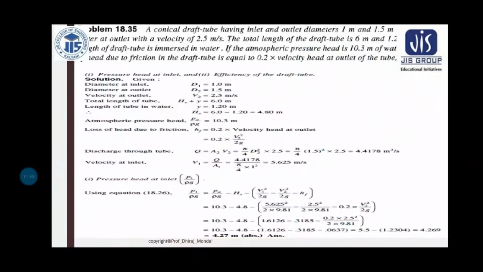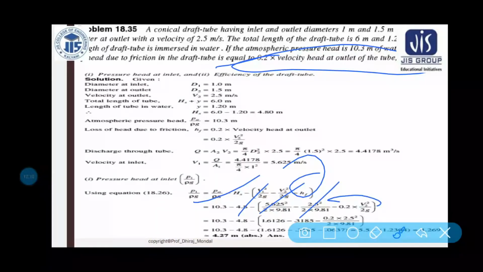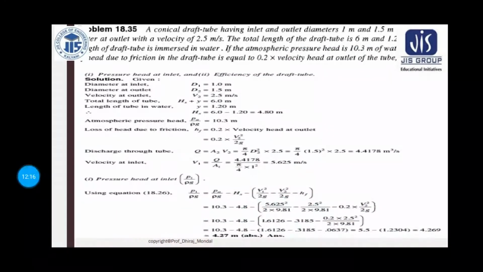So put the value, you will be getting the answer. 10.3 it is, Hs is equal to 4.8, V1 given, V2 given, Hf is equal to 0.2 into velocity head at the outlet, V2 square by 2g. Put the value, you will be getting the answer 4.27 meter absolute.